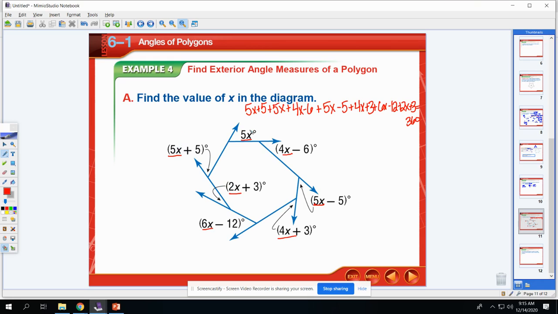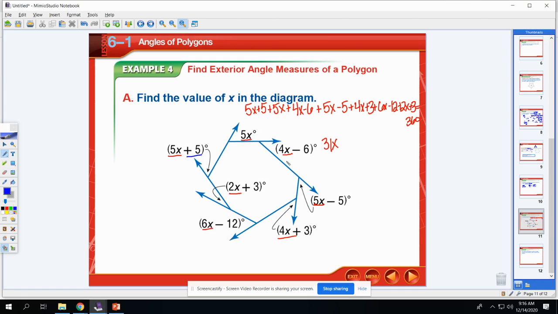So this is 5x, plus 5x is 10x, plus 4x is 14x, plus 5x is 19x, plus 4x is 23x, plus 2x is 25x, and plus 6x here is 31x. So out of all of our x's, that is 31x.